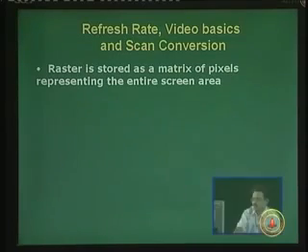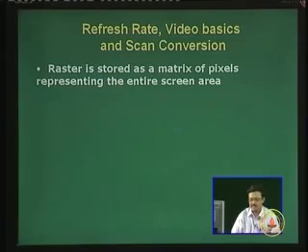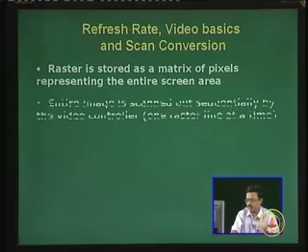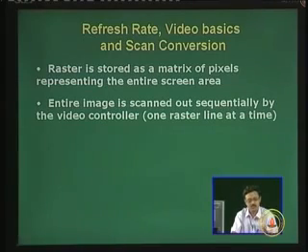Okay. Well, we had already talked about the fact that the raster is stored as a matrix of pixels representing the entire screen area. We already know that. Okay, I reiterate that point. And then we have also seen with an example that the entire image is scanned out sequentially. We know how it is done by the electron beam, and it is usually switched off, only switched on when you have to make a pixel glow.